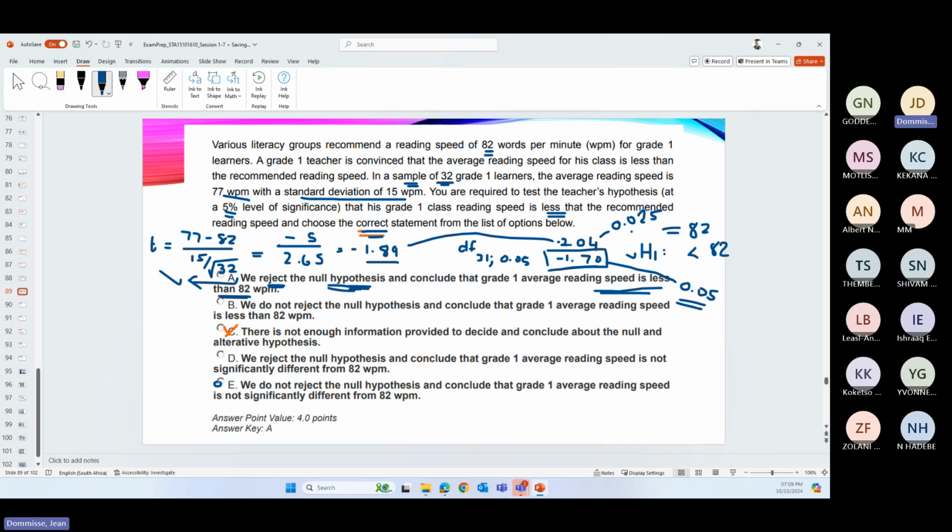So then we would have had option E, because we would have said we do not reject the null hypothesis, and it is not different because it is equal. So then we would have had option E, which is then actually correct, but it is because we're doing the wrong thing.